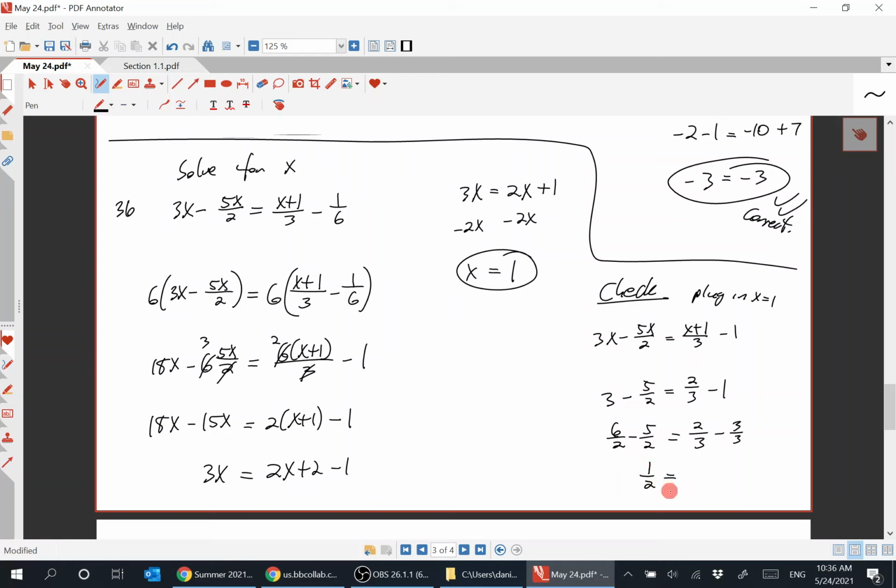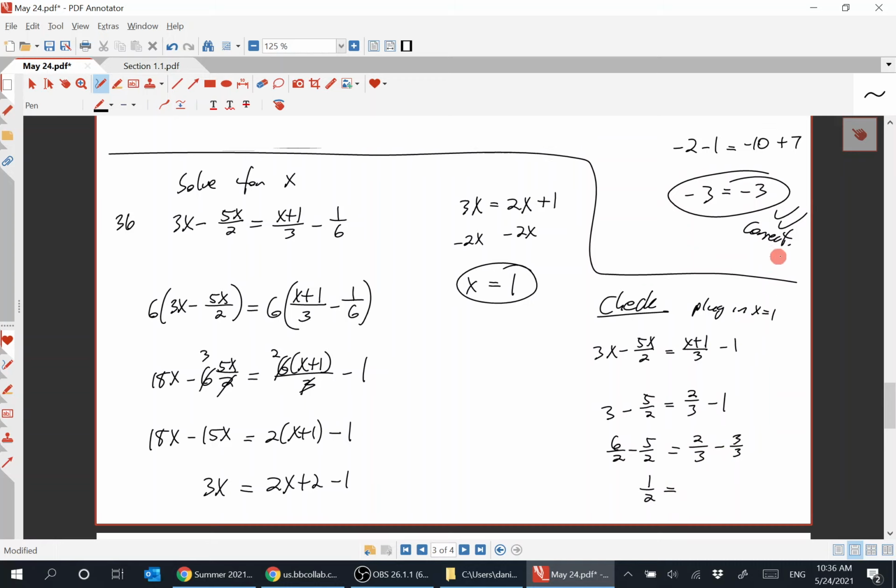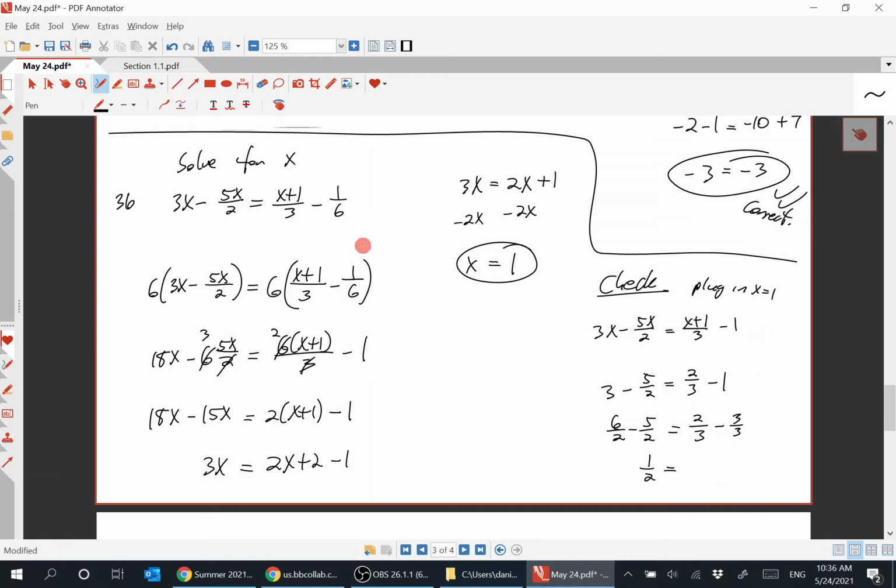Something's wrong here. And this is 2/3 minus 3/3. Something went wrong. Because here I'm going to get minus 1/3. And 1/2 is not equal to minus 1/3. So there's a mistake in here somewhere. Let's take a look.